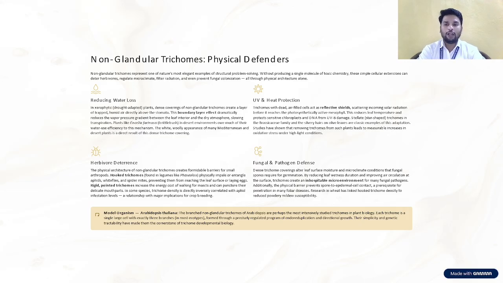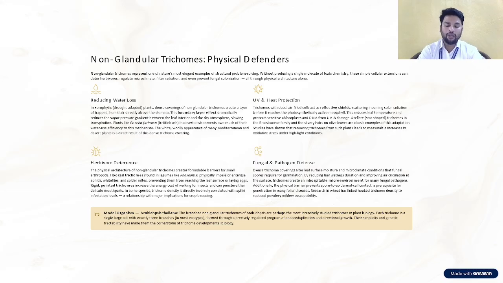Then herbivore deterrence, that means protection from the herbivore. The physical architecture of the non-glandular trichomes creates formidable barriers for small arthropods. Hooked trichomes are found in the legumes, such as Physalis. Physical impact can impale or entangle aphids, whiteflies, spider mites, preventing them from reaching the leaf surface or laying eggs.